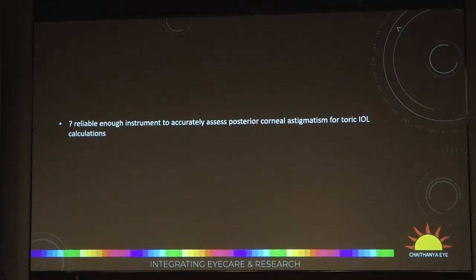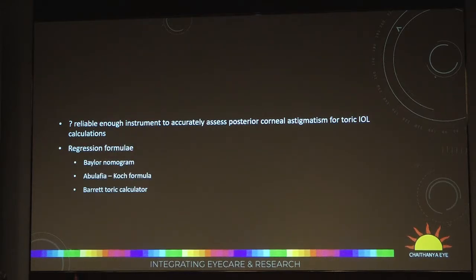Now, there is an important question here whether we have a reliable enough instrument to accurately assess the posterior corneal astigmatism for toric IOL calculations. Now, this situation is significantly getting better every day, that we have better instruments to calculate posterior corneal power.